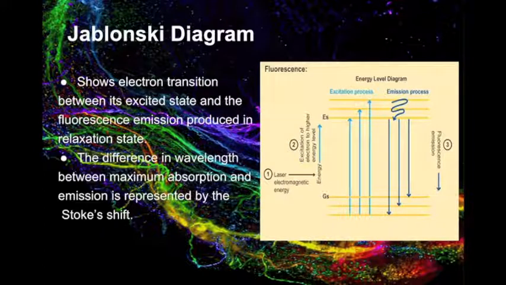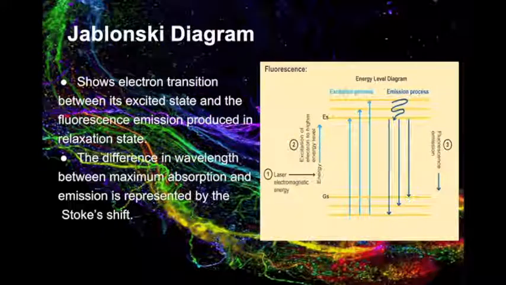How far of a drop in energy levels will depend on the quantum yield of the fluorophore radiation. This difference creates different wavelengths and color intensities. Looking at the big picture, the difference in wavelength between max absorbance and emission is caused by Stokes shift due to the loss of vibrational energy in the excited state.